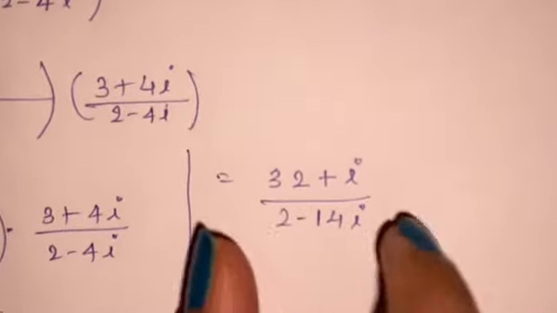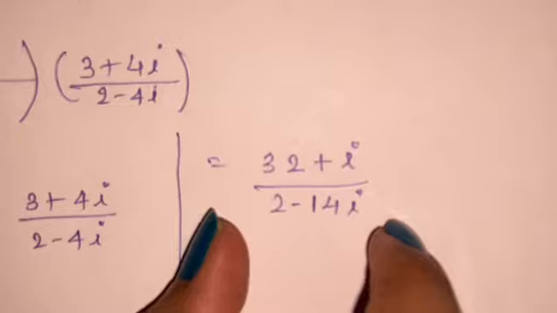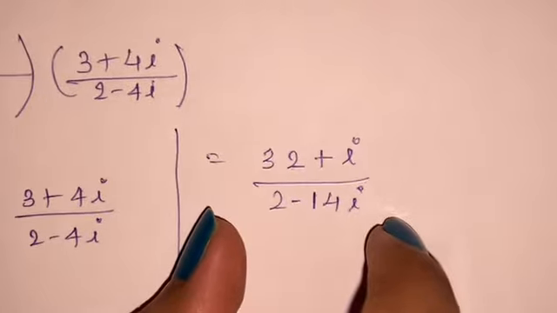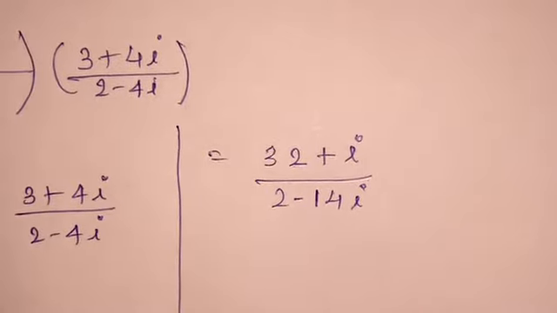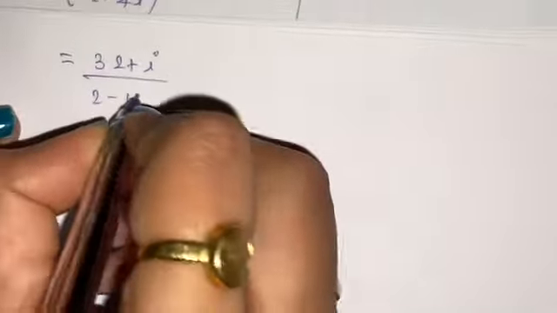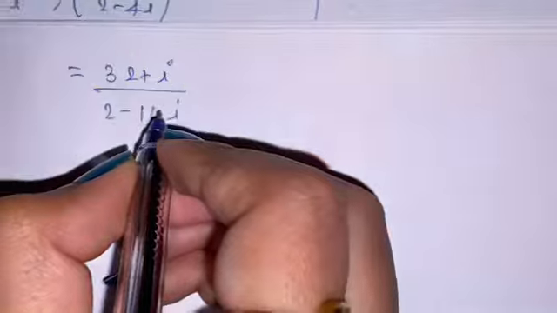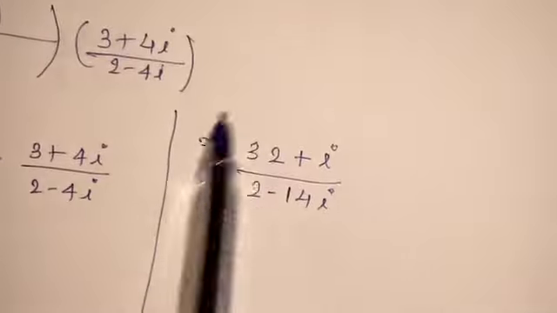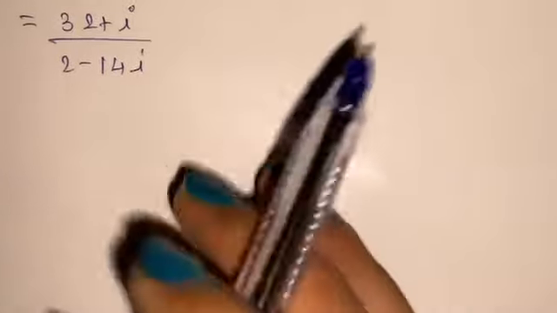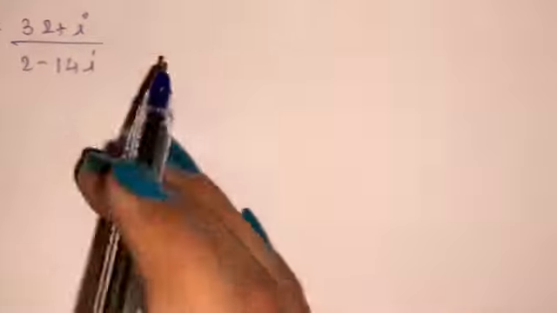You will get this as answer. Again, this is not of the form A plus iB, or this is not of the standard form. So you need to rationalize again. Okay, so what I got, 32 plus i by 2 minus 14i.